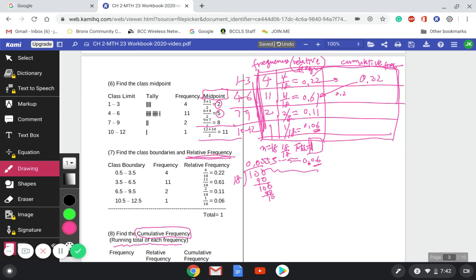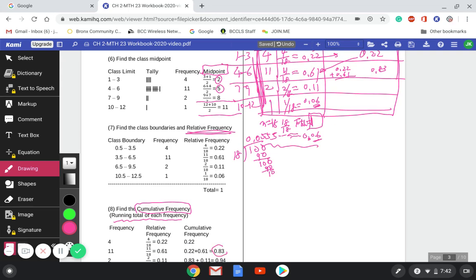So 0.22 plus 0.61, you end up with 0.83. And then you add 0.83 with 0.11, then you got 0.94.